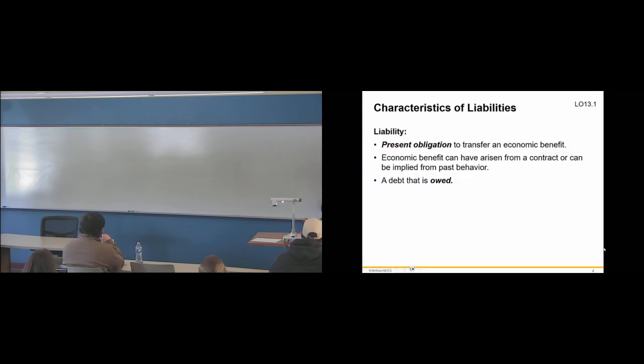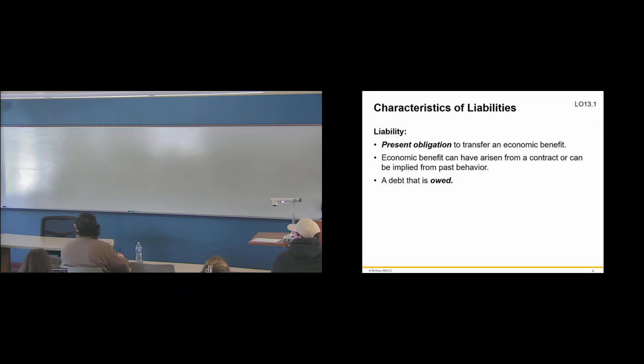All right, so just a quick definition. A liability is a present obligation from a past transaction. It arises from past behavior, and it is a debt that is owed. It also has a future component to it, because you are going to satisfy that liability in the future with some asset.